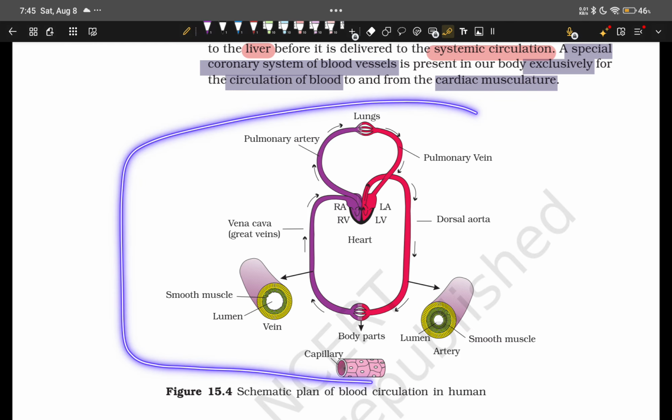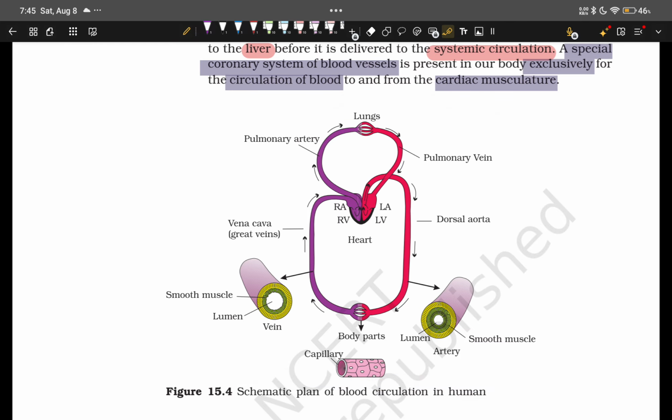Let me explain pulmonary and systemic circulation with the help of this diagram. So first of all, whatever is vein will give the blood to the heart, and whatever is the artery will take the blood away from the heart.